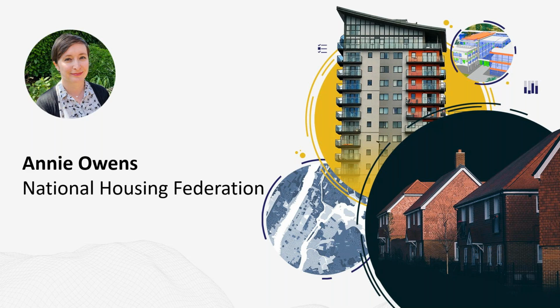And the key focus of the high risk regime is that people who manage these high risk buildings must have sufficient information about how the building is constructed in order to assess whether any remediation works are required to make the building safe. And people responsible for managing higher risk buildings must have a golden thread of information, which is a digital record of all the right information that they need in order to understand the building and the steps that they need to keep the building and the people living in it safe.